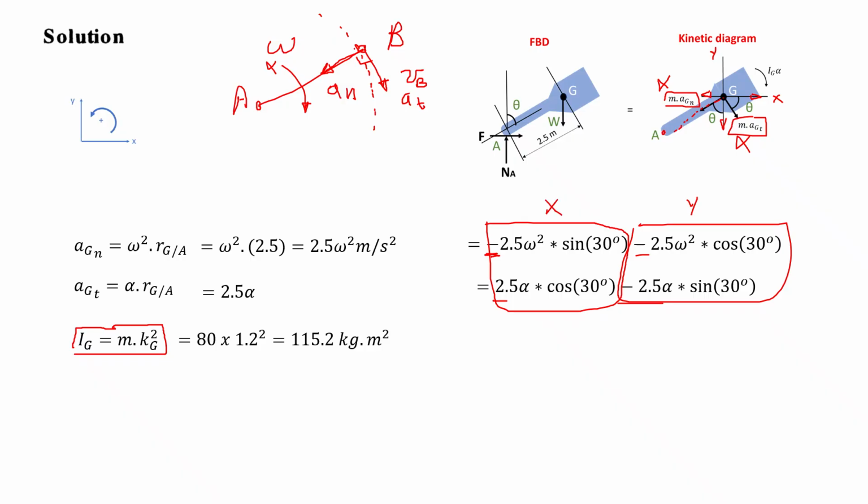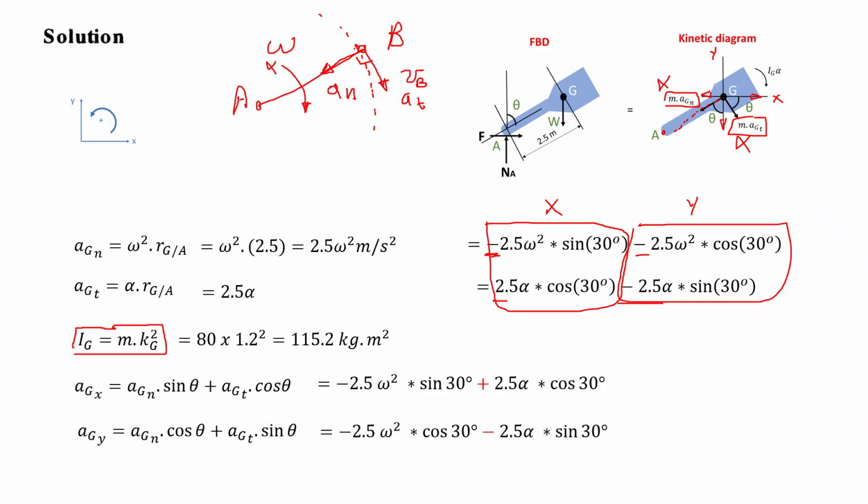So simply adding these two will give me the x, adding these two will give me the y. So I can write down the two equations as follows. That's clear. The positive and negative depend on clockwise or counterclockwise, and so on. Okay, now we go to the next step of the solution on the next page.